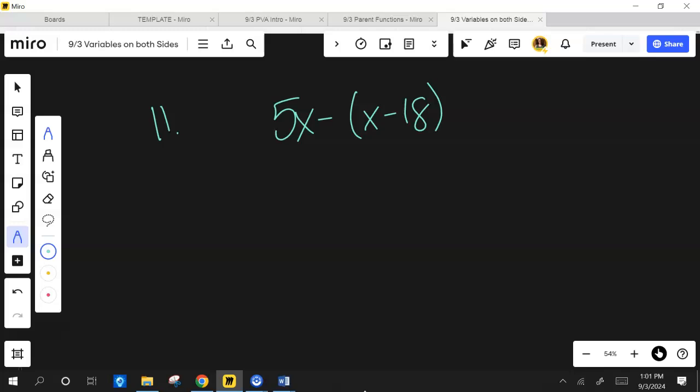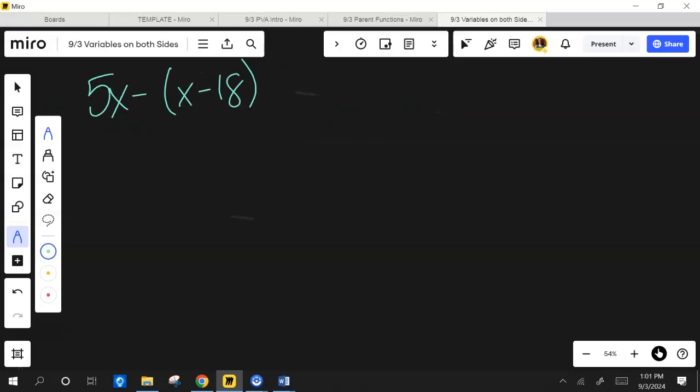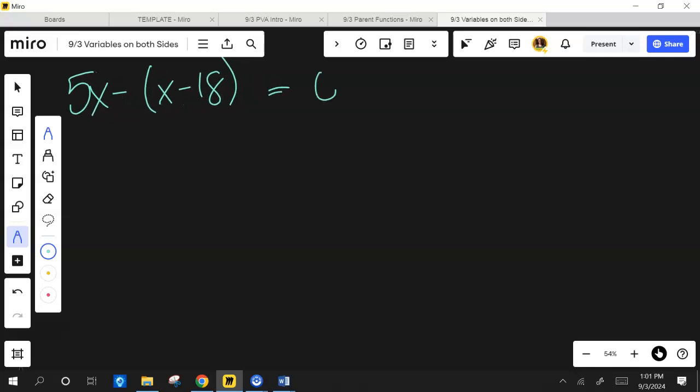Number 6. All right, 5x minus, this is the last one I'm going to do with you before I set you loose on your own. This is about as hard as it's going to get right now, okay? But this really gets kind of sticky for us, okay?